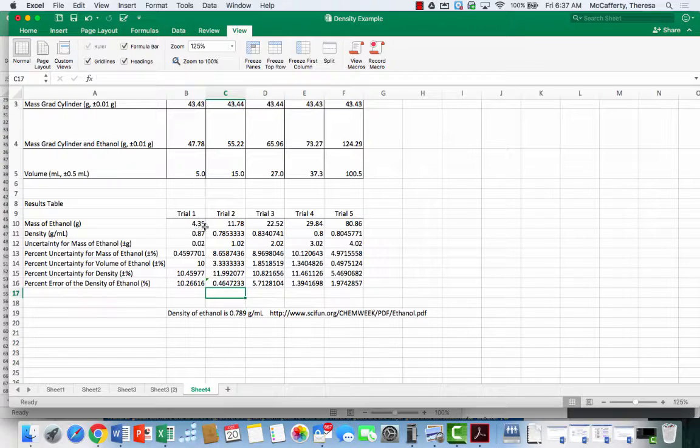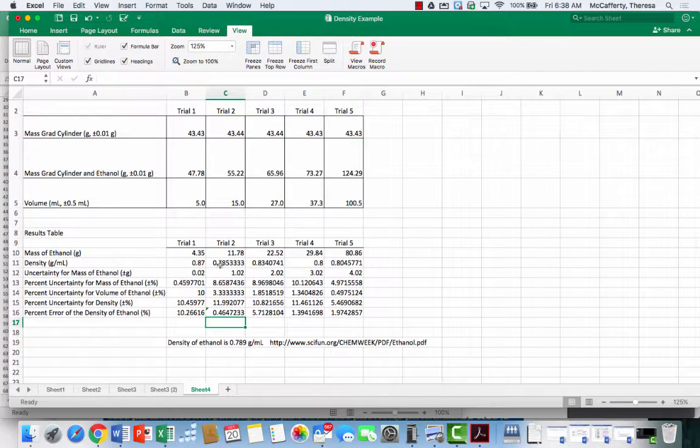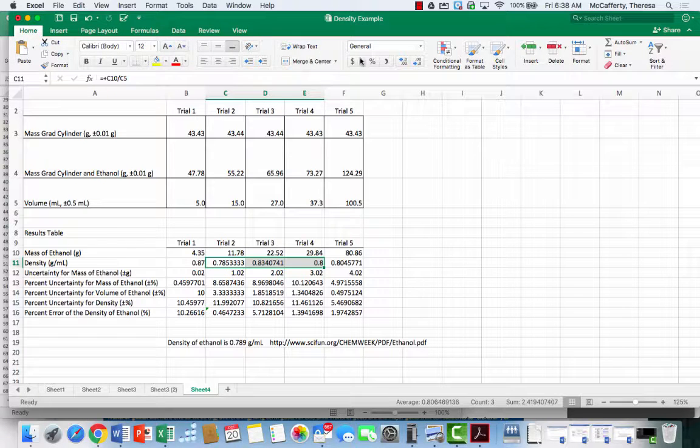All right, so looking over the number of significant figures, these are not all correct. This one should be to 2 because this is 5. These should be to 3 because these middle ones should be to 3 sig figs. That last one should be to 4. So I'm going to highlight these, go back to home, and decrease these to 3.